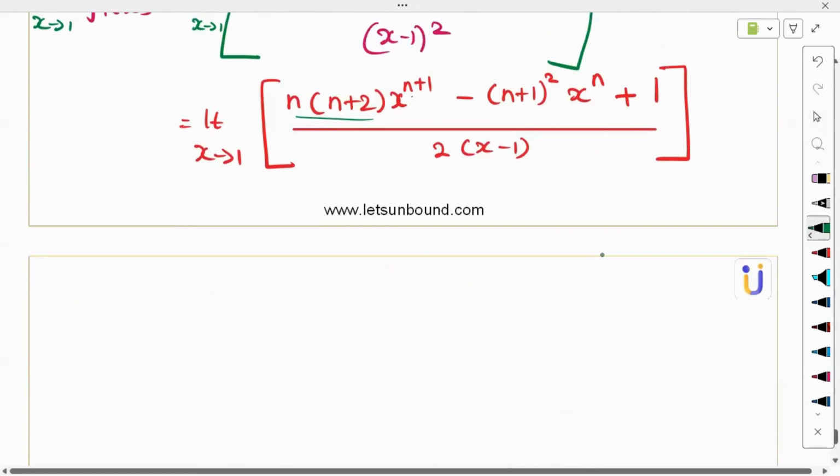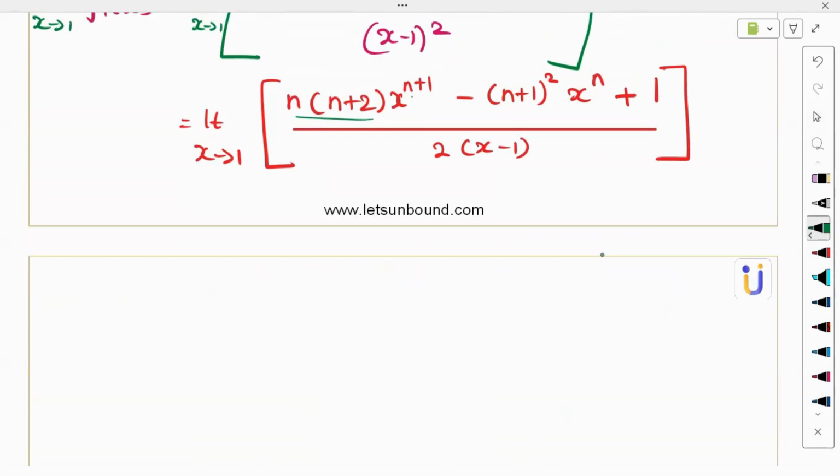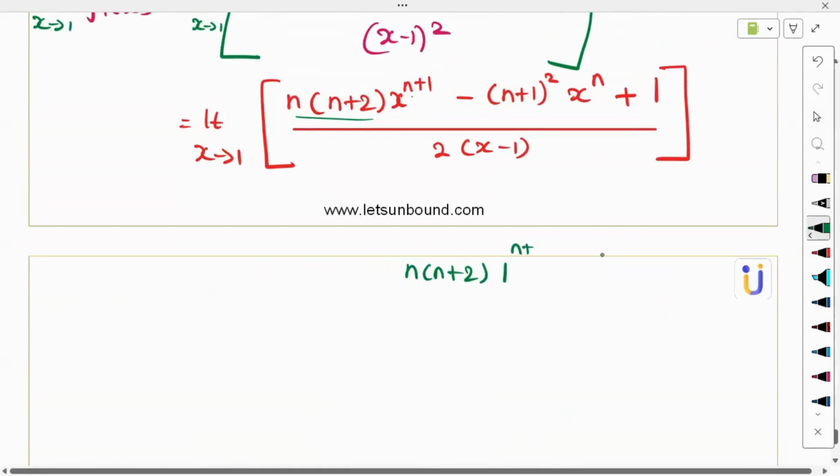Limit x tends to 1. This after first differentiation, let's substitute 1 over here. N into n plus 2 into 1 power n plus 1 minus n plus 1 the whole square 1 power n plus 1 by 2 into 1 minus 1.